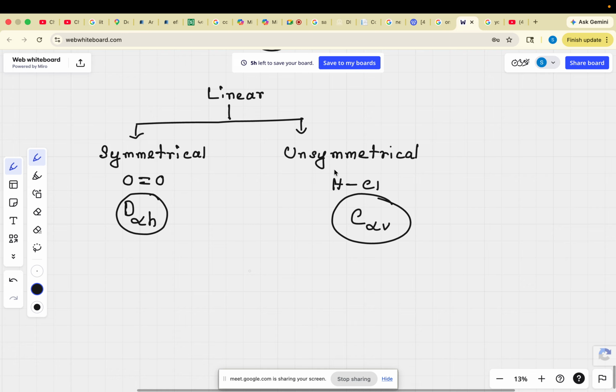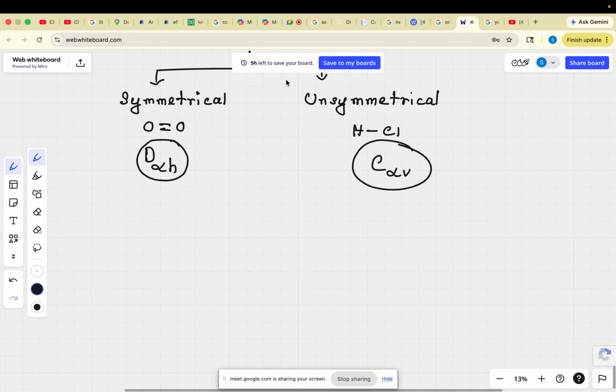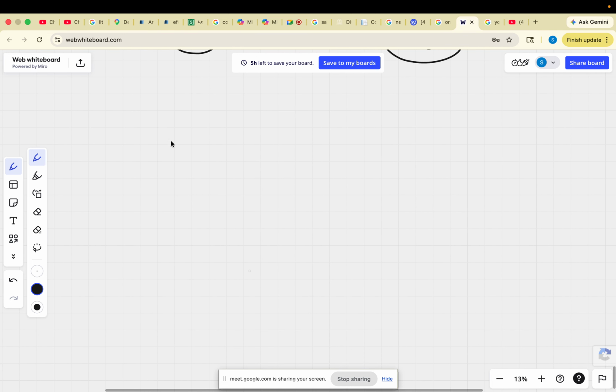If you have a symmetrical molecule, you will get the D infinity h point group, because in an unsymmetrical molecule sigma h is not present.